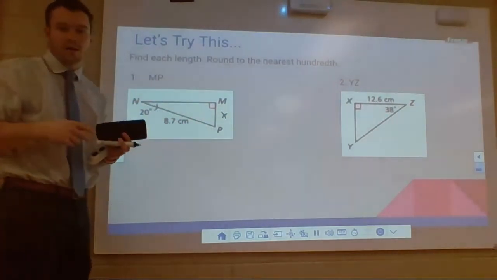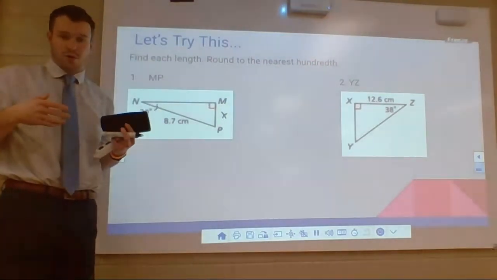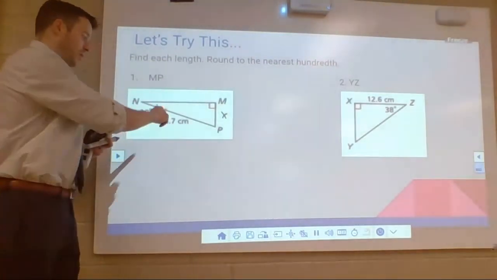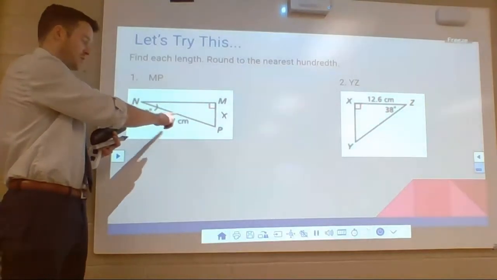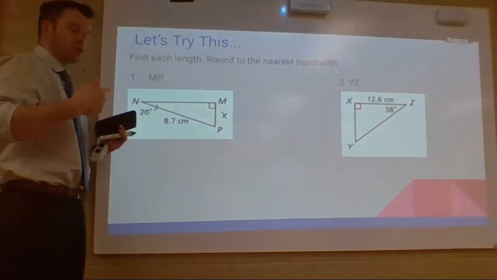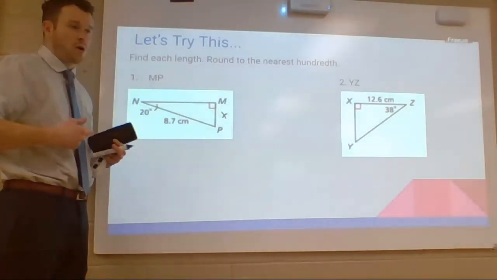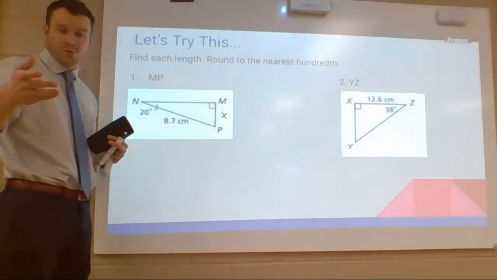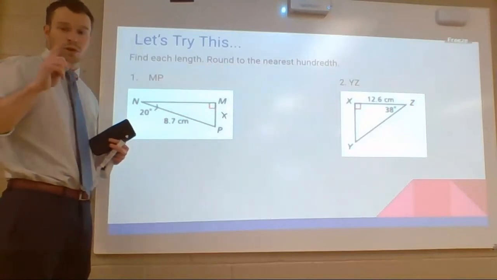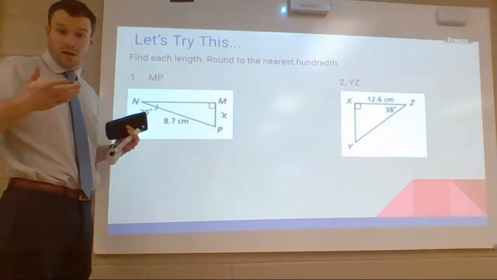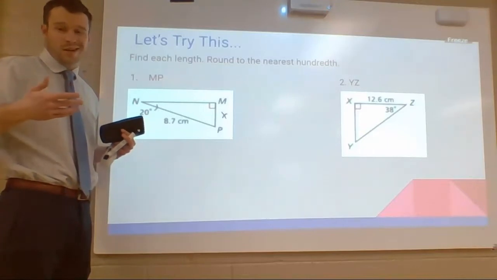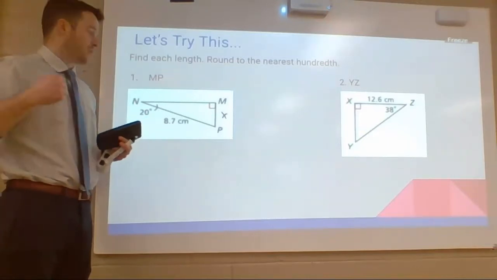And this is why these trig ratios are so helpful. We're only given one side length. Usually we have to have two side lengths in a right triangle to find x. Or remember when we dealt with special right triangles, we were given one side length and we knew the angles, right? Like a 30, 60, 90, 45, whatever.